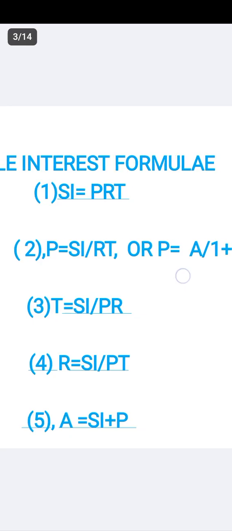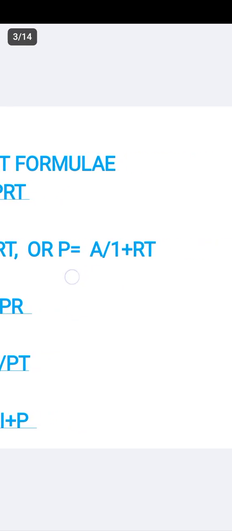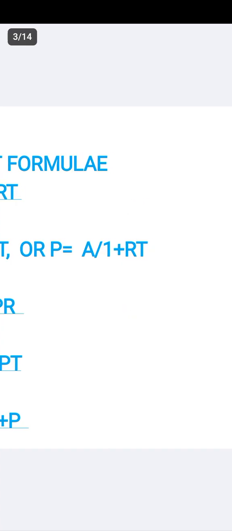But when you want to find the principal, when the simple interest is not given, and the only thing given is the amount, then you need to use the second formula, which is P is equal to amount, which is A, over 1 plus rate times time.